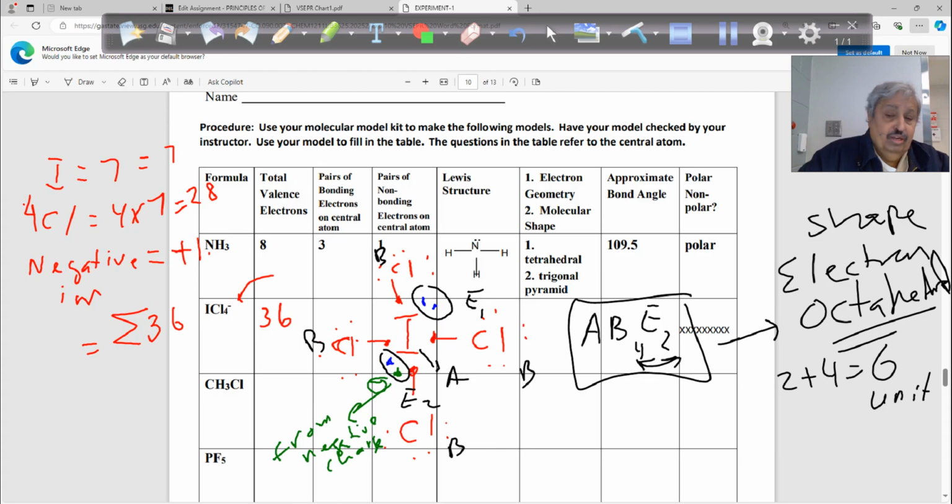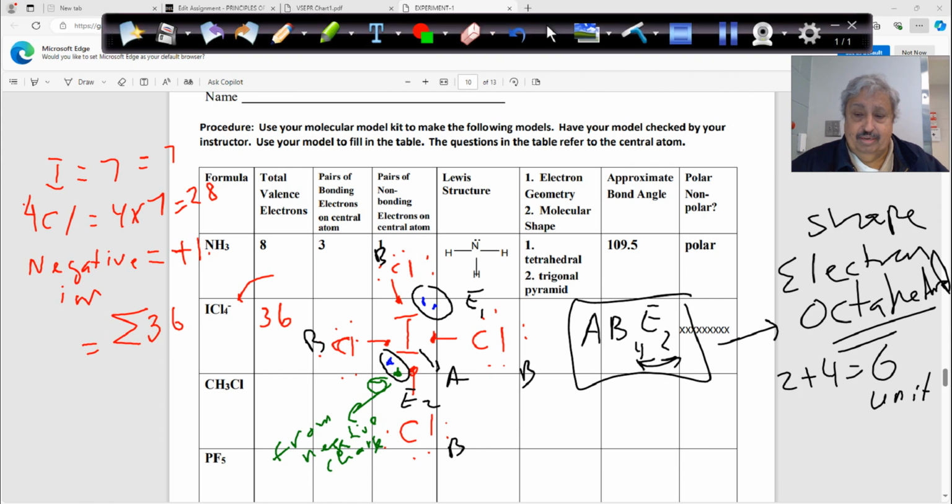AB4, or in your notes here, I apologize, sometimes they put the P as X. So let's put the same thing you have there. They put it as X, so it does not really matter.